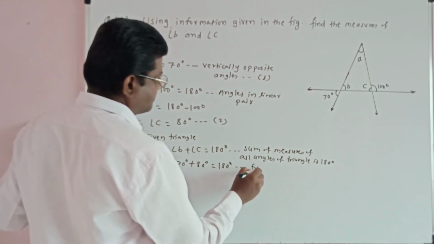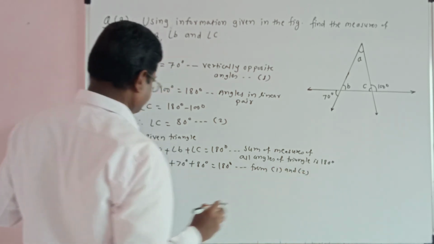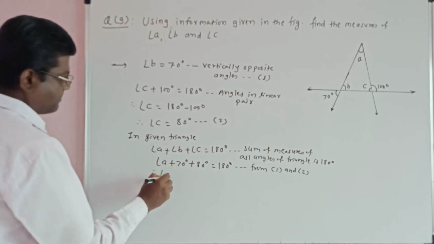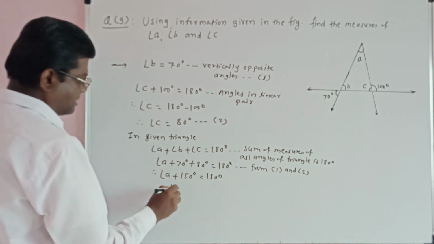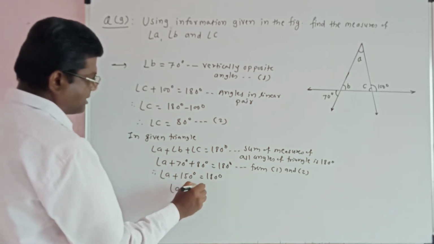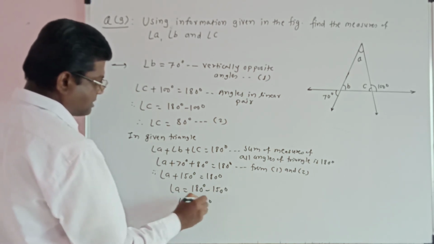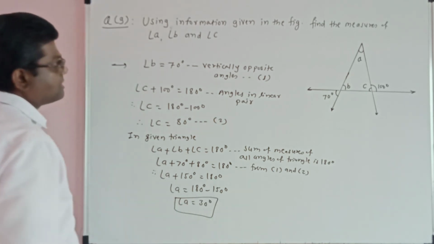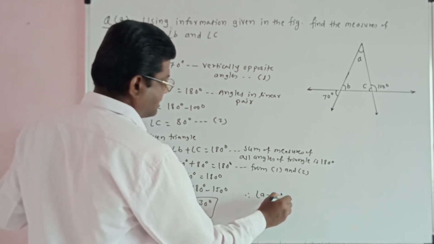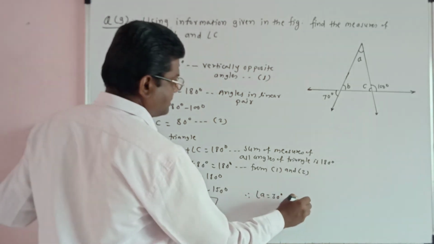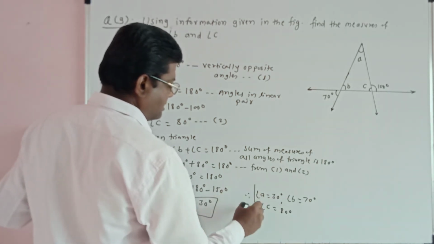Reason is from equations 1 and 2. Therefore, angle A plus 150 degrees is equal to 180 degrees. Therefore, angle A is equal to 180 degrees minus 150 degrees. So, angle A is equal to 30 degrees. Therefore, our answer is angle A is equal to 30 degrees, angle B is equal to 70 degrees, angle C is equal to 80 degrees.